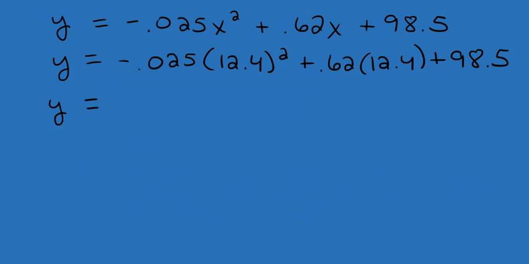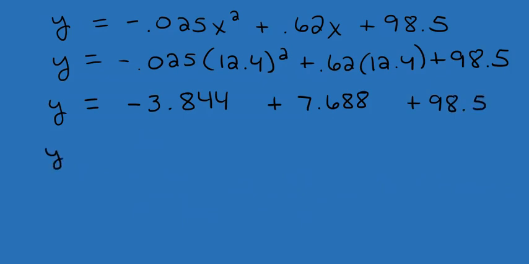This simplifies to y is equal to negative 3.844 plus 7.688 plus 98.5. And if we add those terms together, we get y is equal to 102.3, which was our maximum temperature.